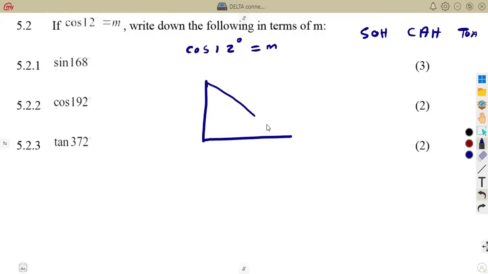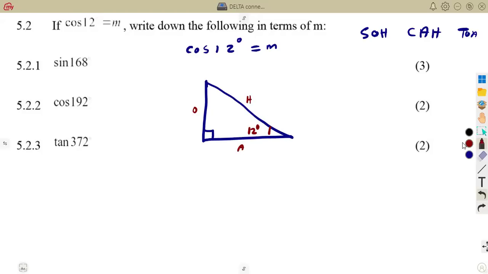That's where these ratios were taken from. So you can just draw any right-angled triangle of your choice and indicate the angle of 12 degrees. According to this 12 degrees, this side is opposite. The 90 degrees and 12 degrees are adjacent to each other here, and this is our hypotenuse.